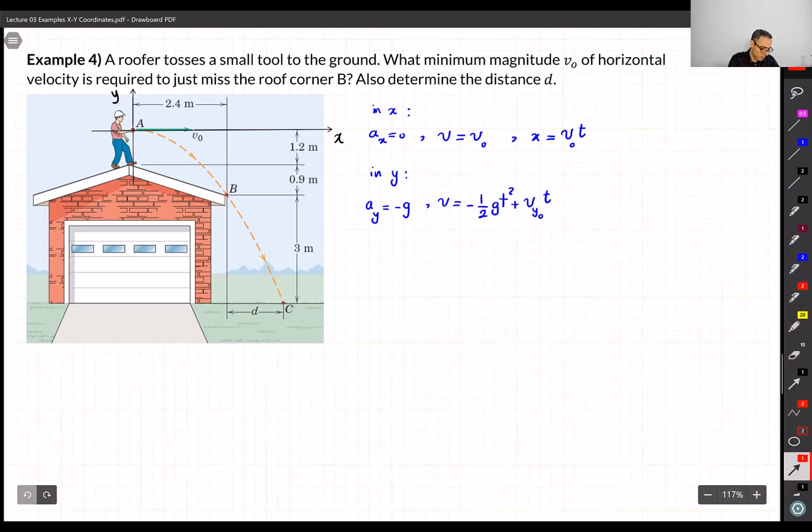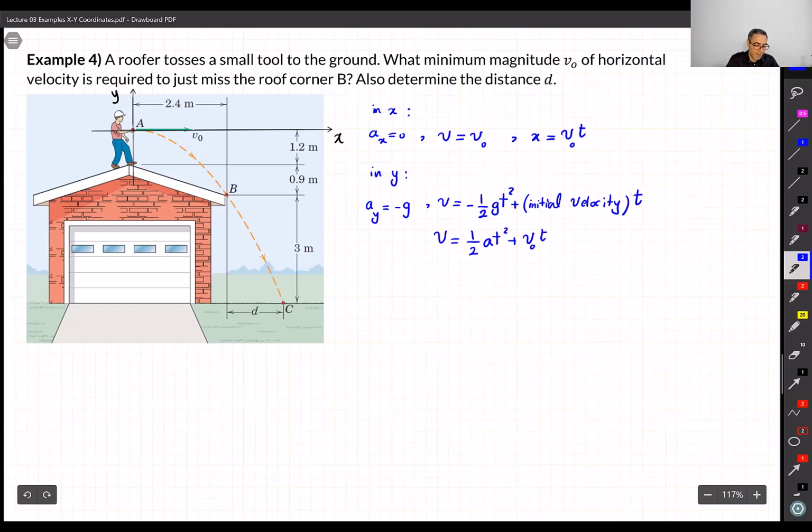Remember the original formula, half of a t squared plus v0 t.